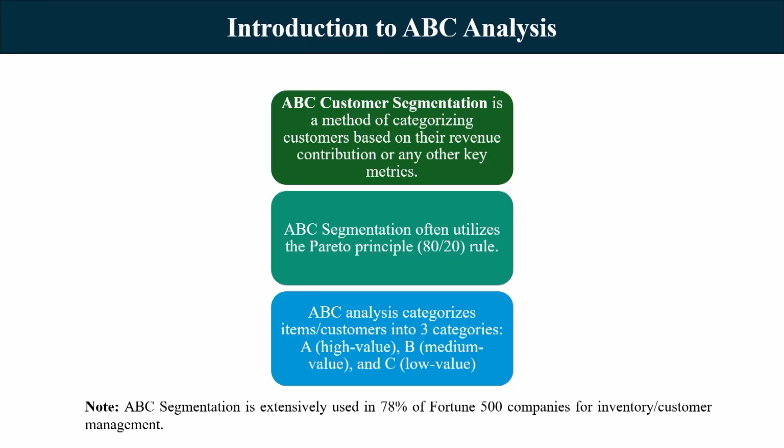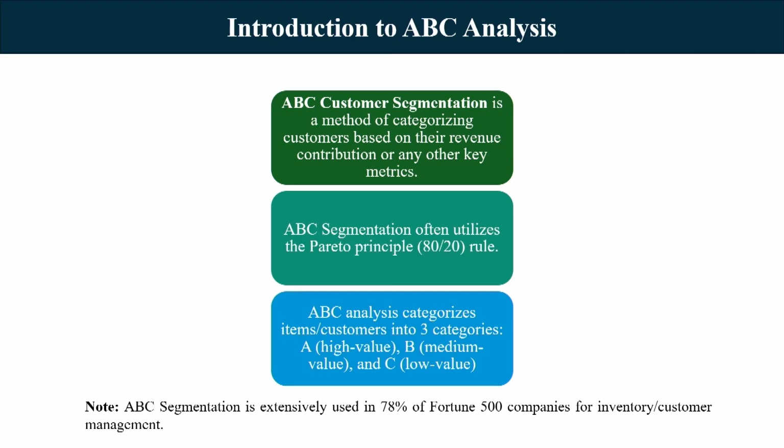So let us first start with the introduction of ABC analysis. Here we will try to understand the basics of this framework. ABC customer segmentation is a method for categorizing the customers based on their revenue contribution or any other predefined key metrics.